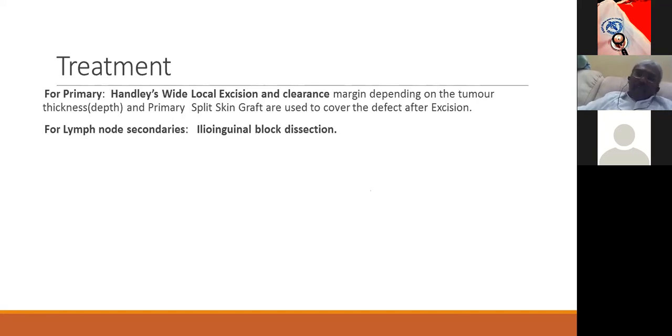Say a patient is telling you, madam, you are going to do one local excision and a skin grafting, that itself I'm worried. If you're doing an ilioinguinal block dissection, I feel it's a very big procedure. Can we avoid ilioinguinal block dissection, or if you can tell us preoperatively, we'll be happy.